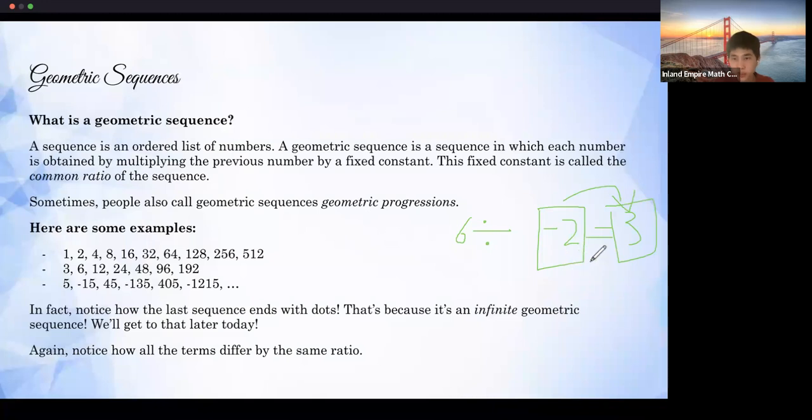So for this one it would actually be negative 6. No worries, Jasper. It's pretty complicated, I know, but right here we just proved that negative 2 times 3 can't equal 6. So what must we multiply negative 2 by to get 6? Well, we need to add a negative sign in front of the 3 and turn it into negative 3. Negative 3 times negative 2 gives you a positive 6.